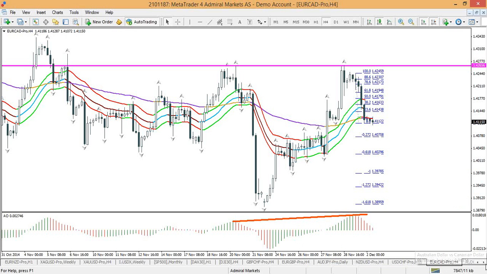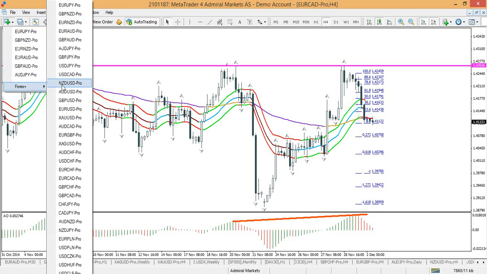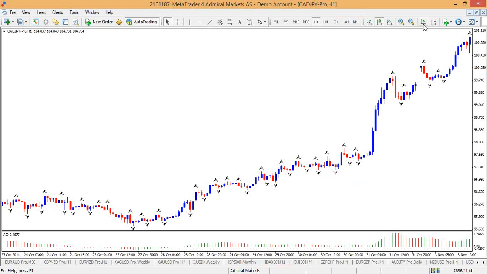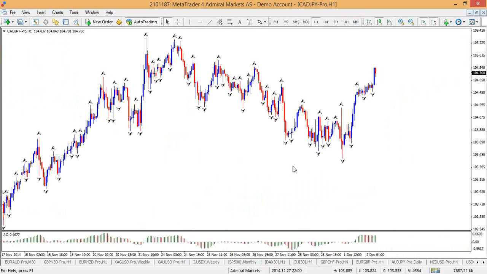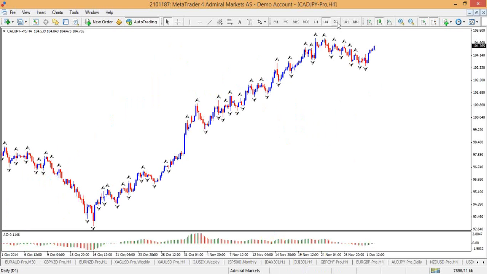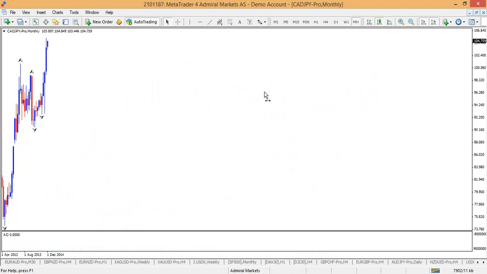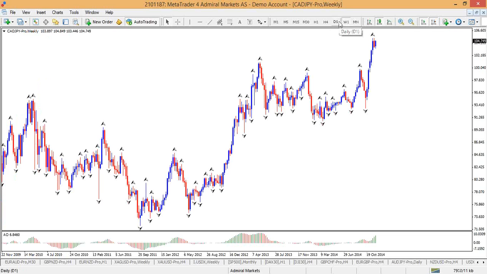Let's take a look at the CAD yen now. Yeah, the CAD yen is just as bullish as all the other yens, in fact, like the dollar yen.